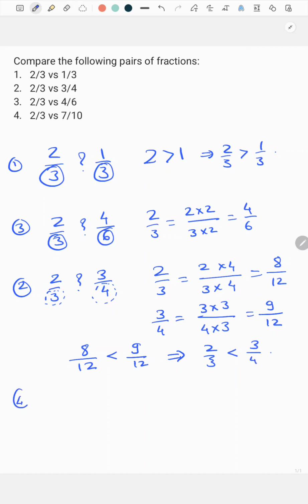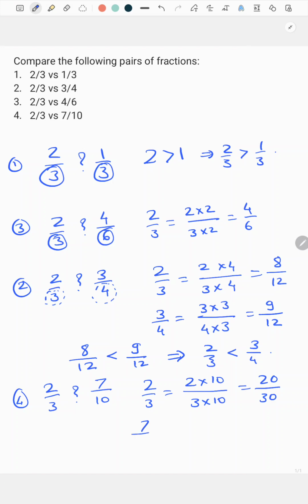The fourth one is also similar. We'll go through the math so that the concept becomes clear to us. So 2 divided by 3 versus 7 divided by 10. Again, 3 and 10 are not multiples of each other. So we go through the general process of multiplying the fraction's numerator and denominator by the other denominator. So 2/3 is equal to 2 times 10 divided by 3 times 10, which is 20 divided by 30.